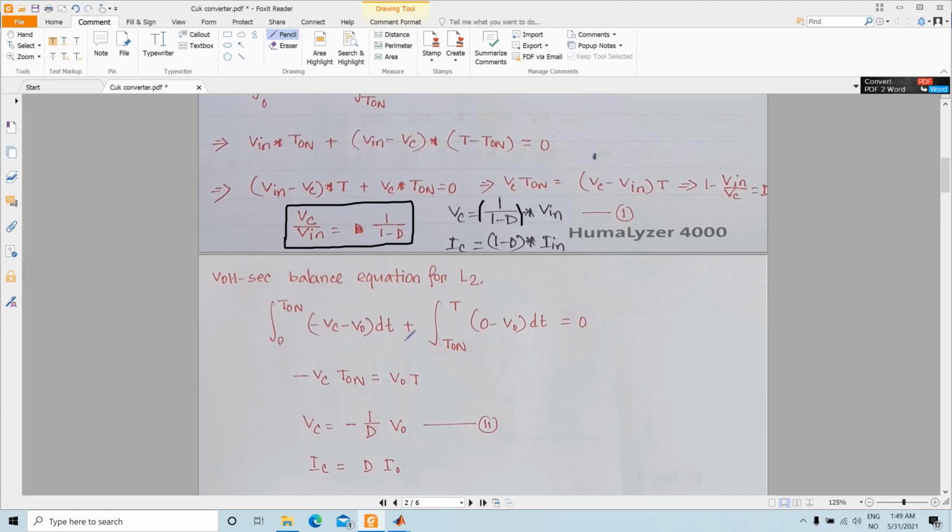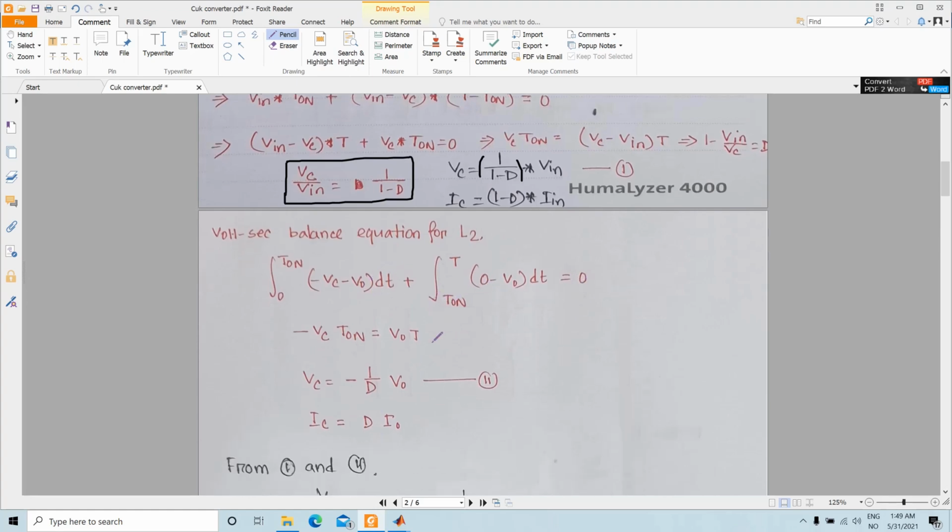After the algebraic manipulation, you end up with another equation relating the capacitor voltage and the output voltage, and once you know the relationship between Vc and V out, you can calculate the relationship between IC and I out. That should be the opposite of this part.